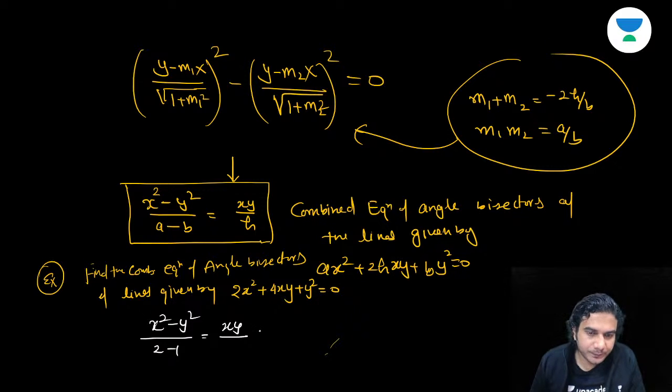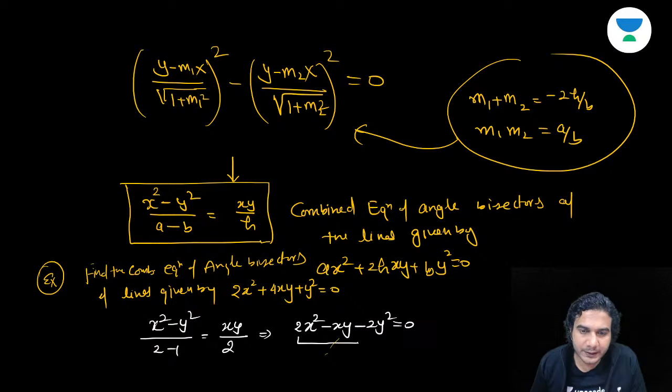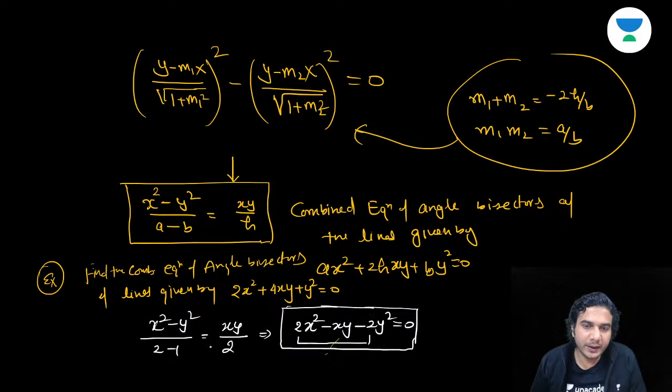Xy upon 2, yes, xy upon 2. And then you can write this equation: 2x square minus xy minus 2y square is equal to 0. And clearly you can see this pair represents two perpendicular lines, and it should, because bisectors are mutually perpendicular. So this is the combined equation of angle bisectors.